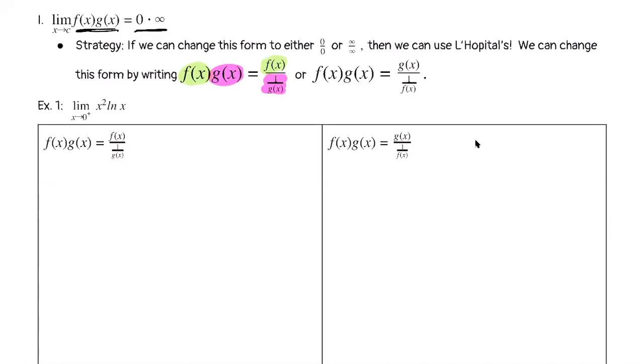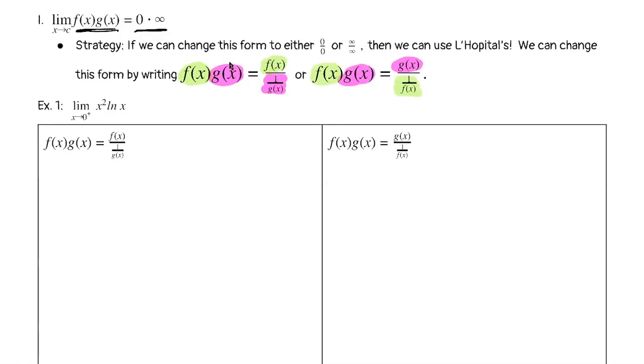But sometimes in this form, it creates a situation where we can use L'Hopital's and then we're good to go. Similarly, sometimes it's better if we take the g of x and we keep it in the numerator, and instead we change the f of x to be 1 over f of x in the bottom. Okay?